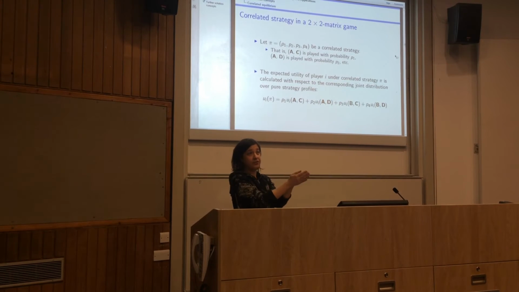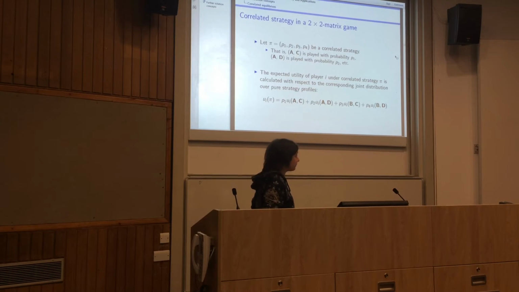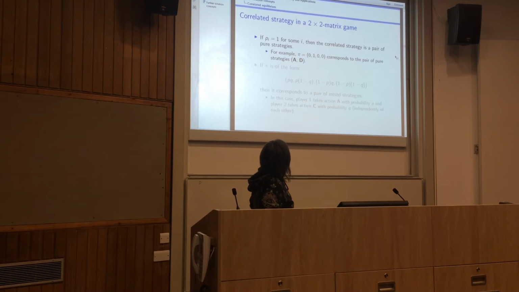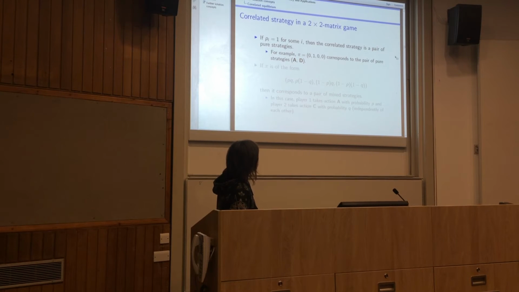Right. So now we have a joint probability, which is not necessarily an independent distribution. Now, if we have probability 1 for one of the strategy profiles, that means that we play that strategy profile in the game.